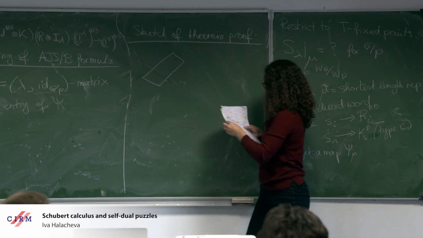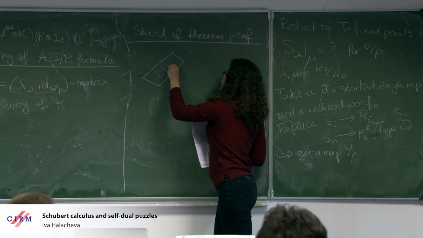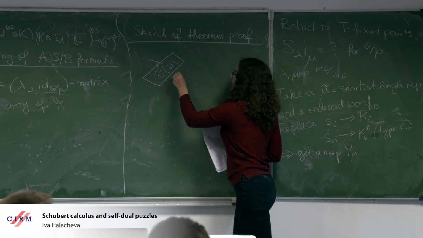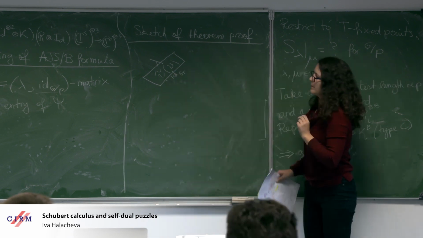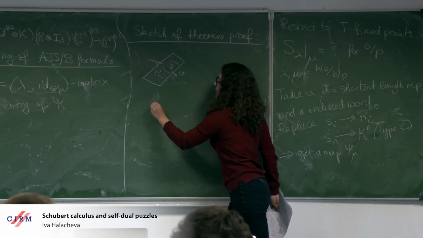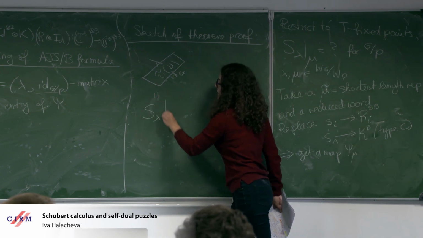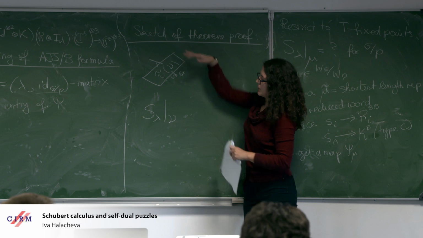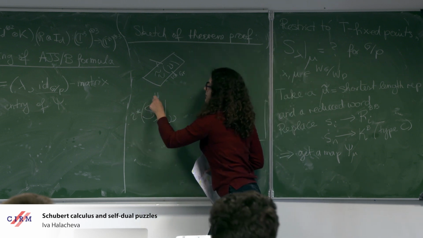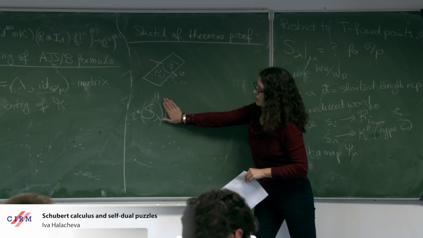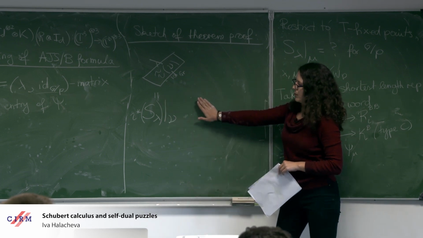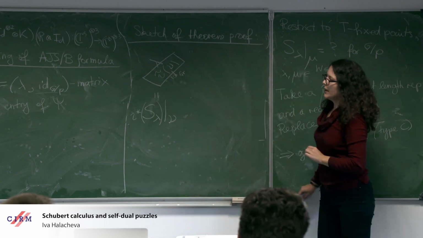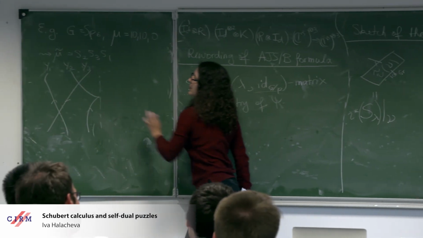Let me draw it as follows. So iota tilde of mu, where we put lambda on this end and the identity of the Grassmannian on this end. So this means S lambda restricted to nu. So imagine just putting the scattering diagram, iota star of S lambda. So this was the thing we were interested in, and we restricted to the fixed point nu. And I use this rectangle just to denote the map corresponding to the scattering diagram here.